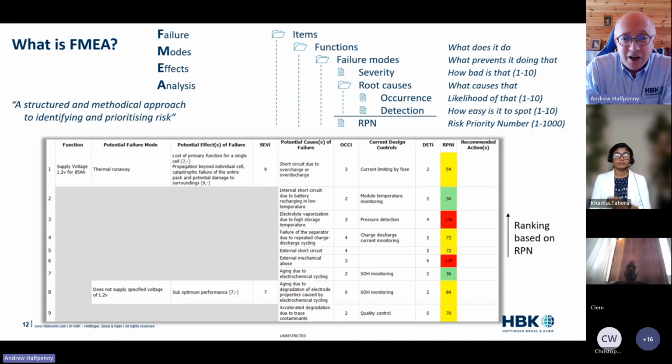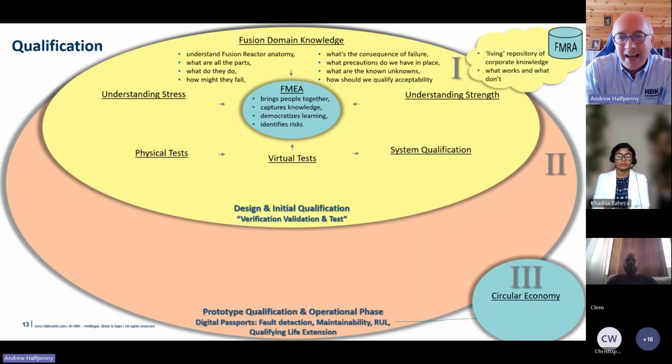There are many different RPN type arrangements there, and there are many standards as well. So it has developed. But what we're looking at here is how we might enhance FMEA later. And that's what Khadija is going to talk about. So FMEA is the start, but FMEA is also the living repository of corporate knowledge.